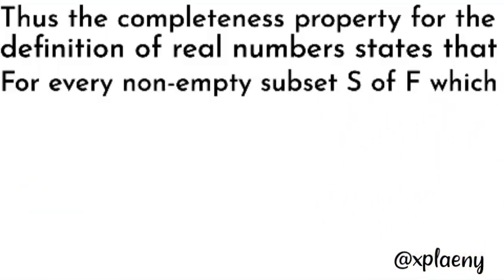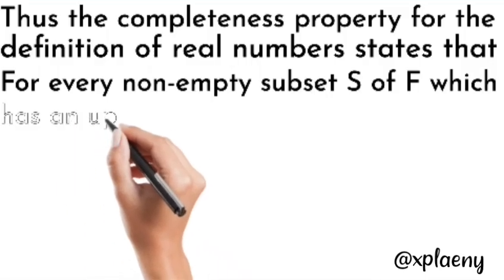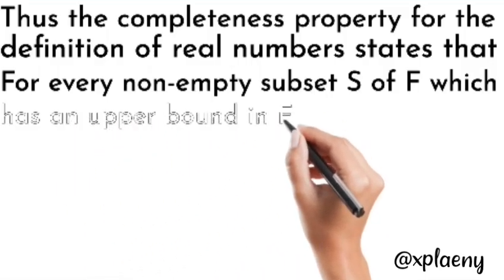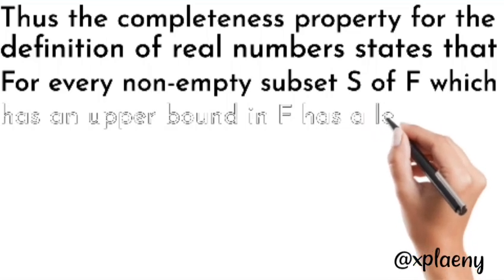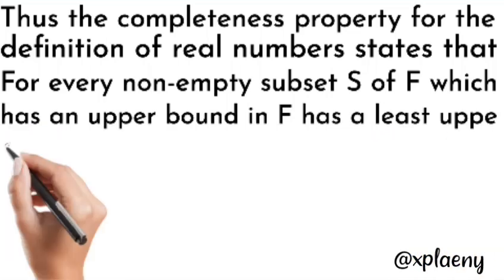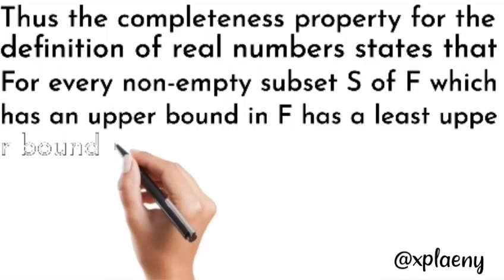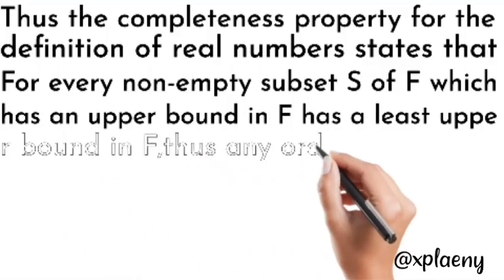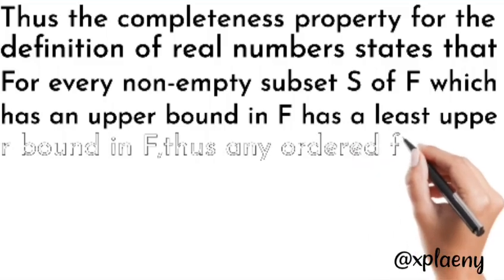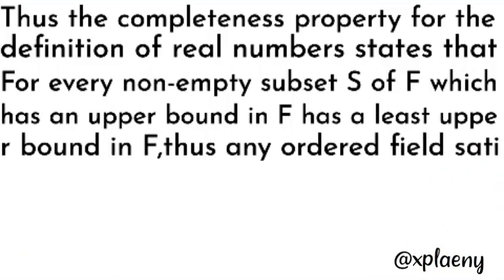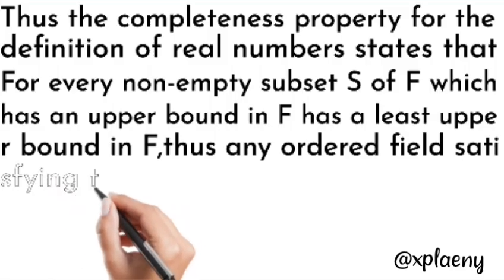So every non-empty subset S in our field F that has an upper bound in F must also have a least upper bound in F. What does this imply? This implies that where we have a non-empty subset S that has an upper bound, it automatically also has a least upper bound.